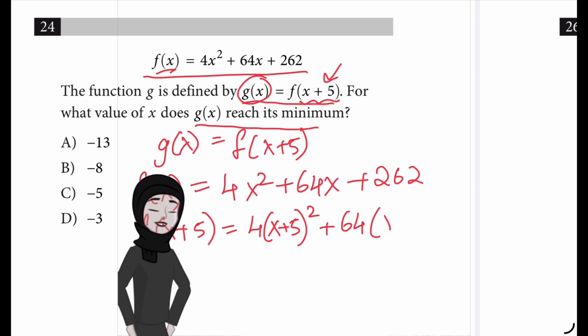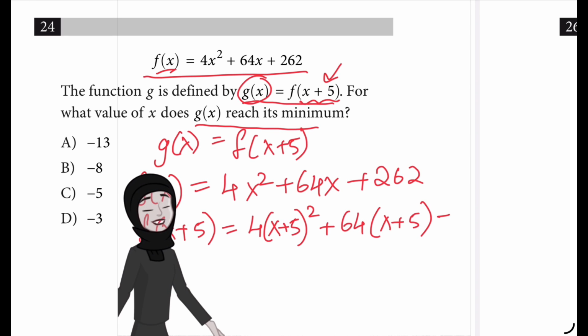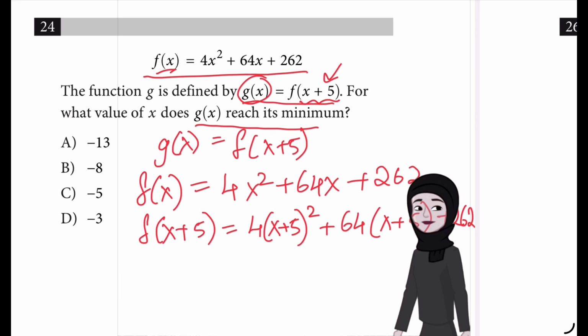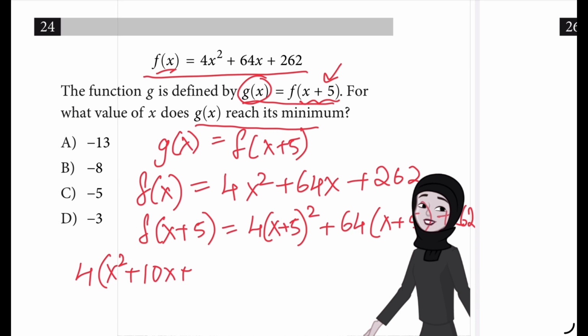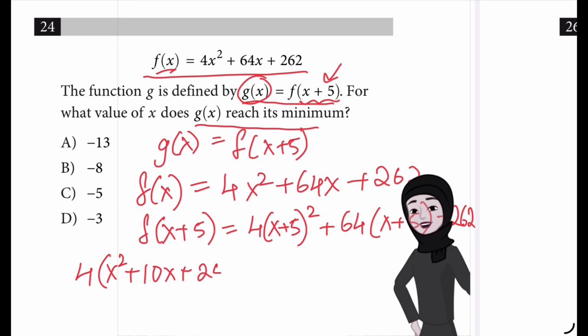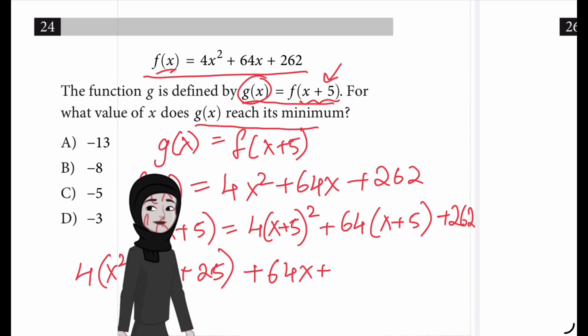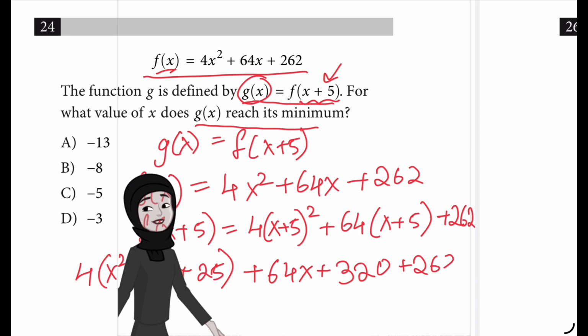So we will put x plus 5 in the place of x and we will expand. So you will have 4 times x squared plus 10x plus 5 squared, which is 25, plus 64x. 64 times 5 is 320, plus the 262.